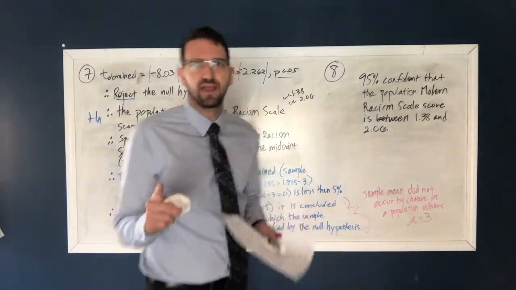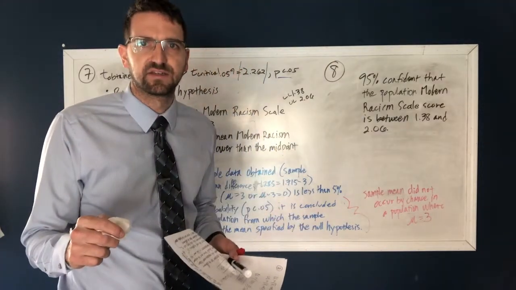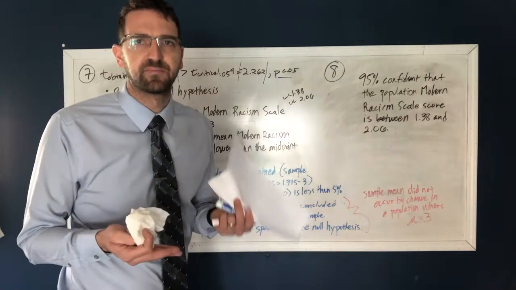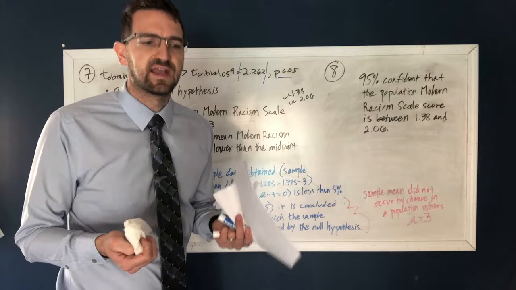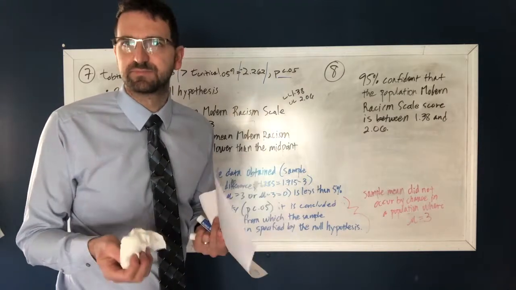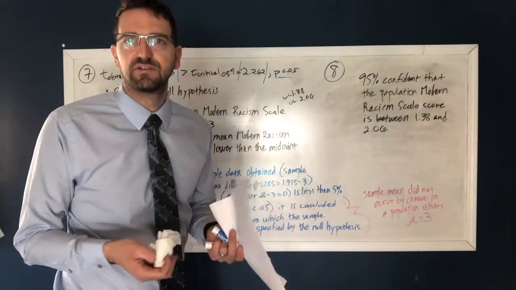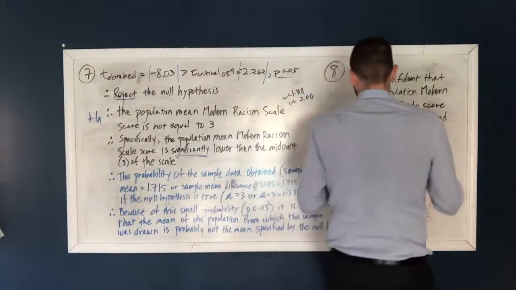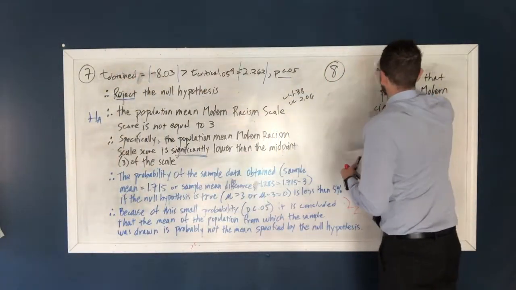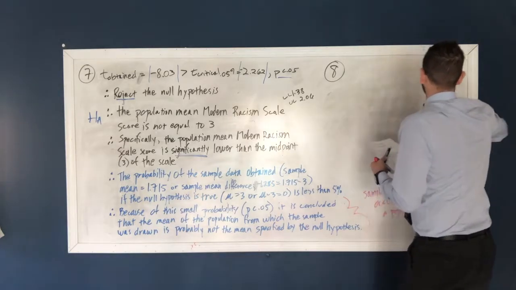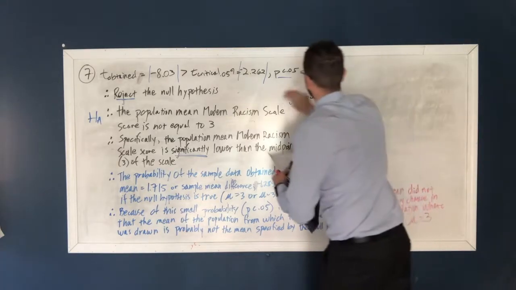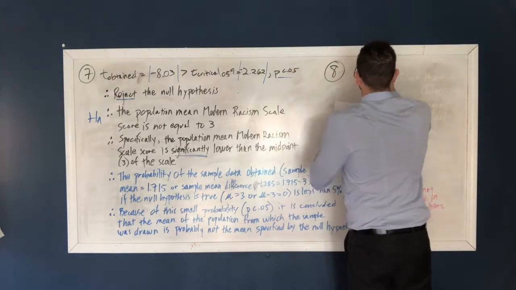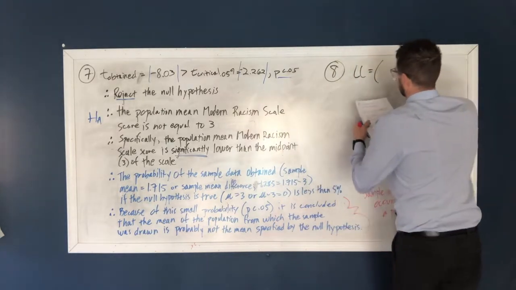Okay. So there's another way of doing the confidence interval, where instead of just looking at the sample mean and the population value of 3, we can actually look at the difference between the two. Let me show it to you. It's doing the same thing. So you could do it like this.